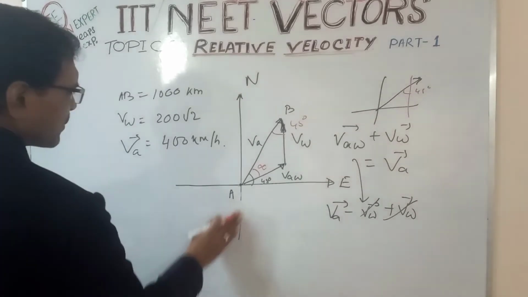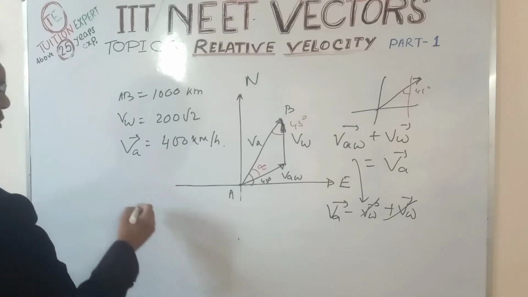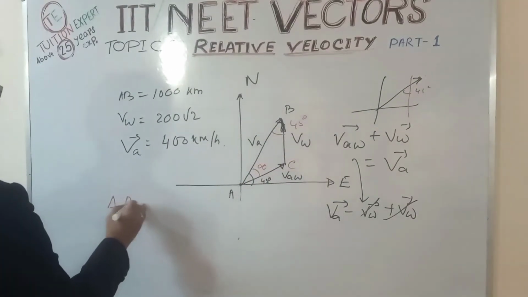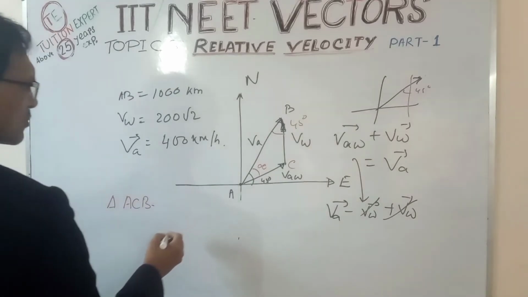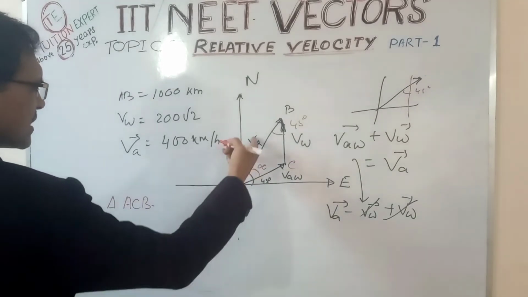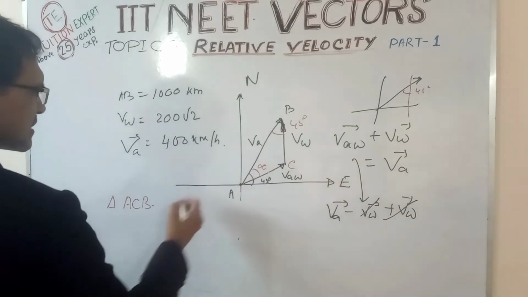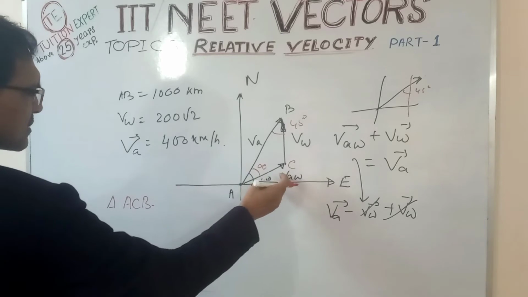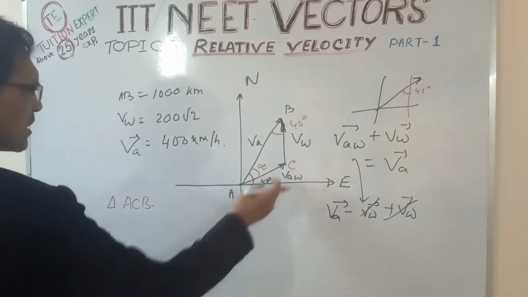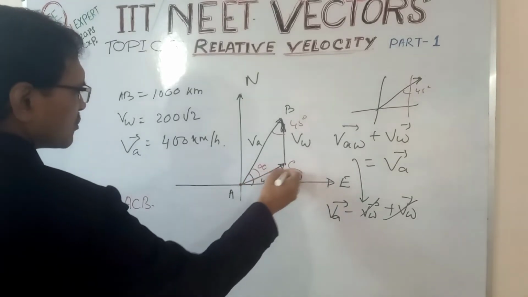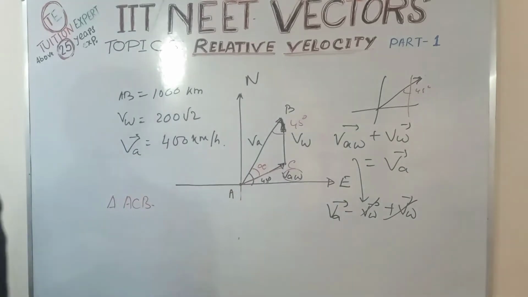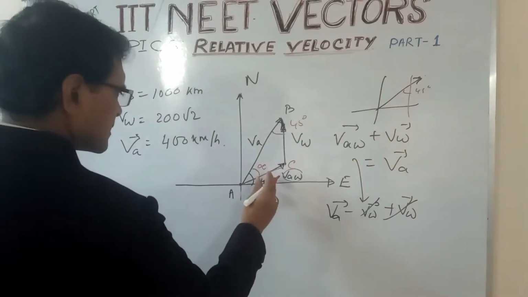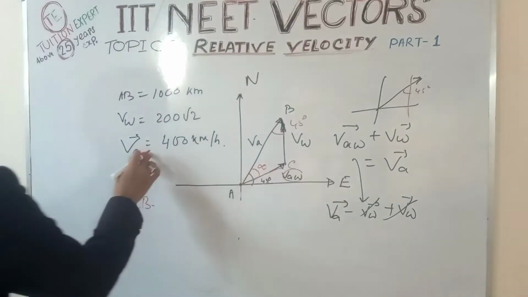So to find the alpha, we can use the sine rule. This is the point C. Suppose from the triangle ACB, apply the rule. AC is the actual velocity of the aircraft with respect to wind, VAW. This is VAW.